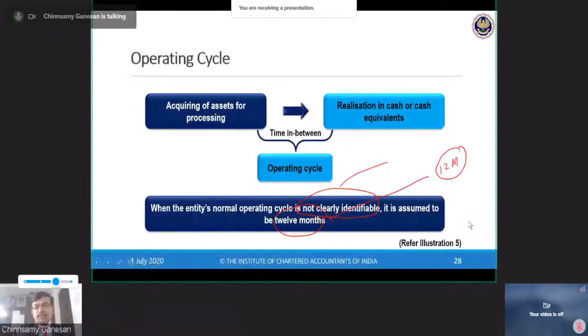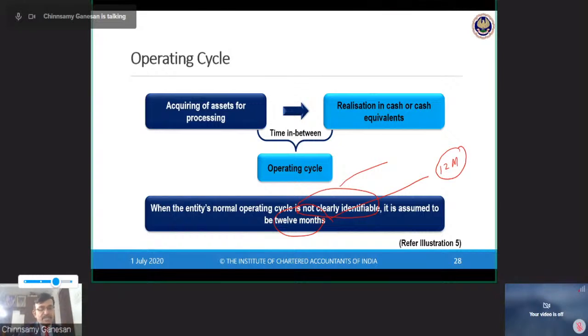Now I'm going back to our PPT. That is what I have said, acquiring of the asset for the purposes of processing and holding, and when it is getting realized in cash. So from the moment I purchase a raw material to convert that into my cash again is the total period which you have to consider.